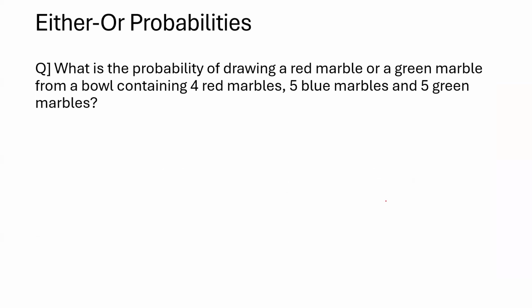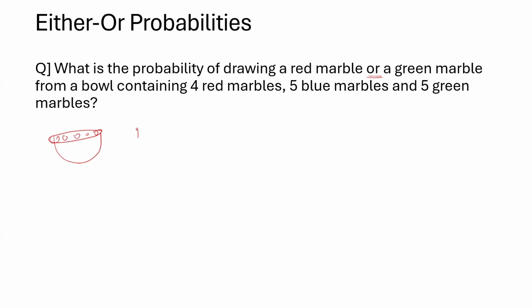What is that? Just look at the problem. They are saying, what is the probability of drawing a red marble or, you can see this word or, a green marble from a bowl containing 4 red, 5 blue, and 5 green marbles. So again, you have a bowl full of balls, right?